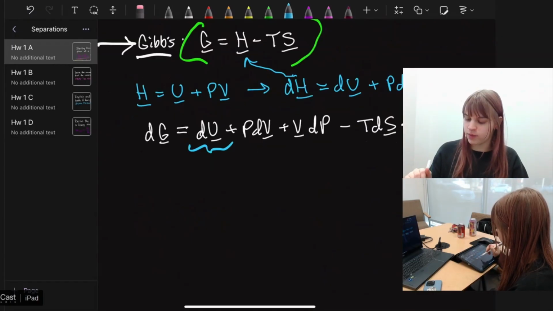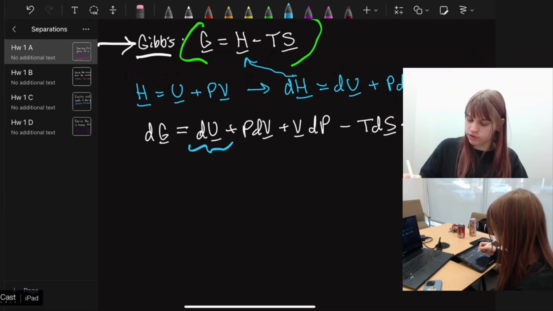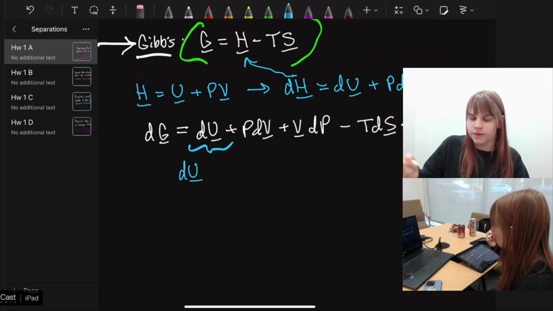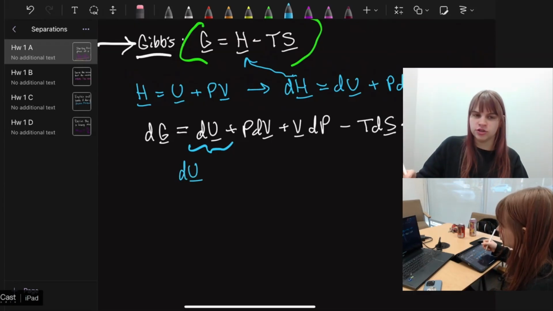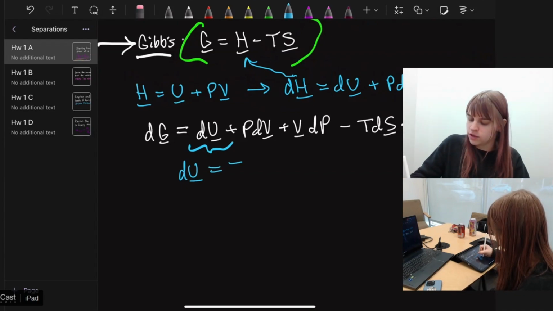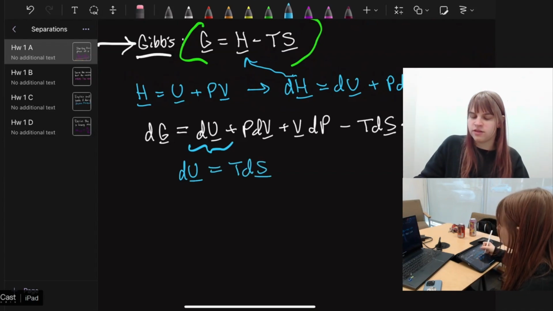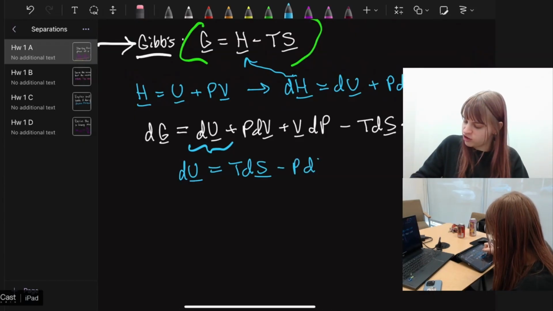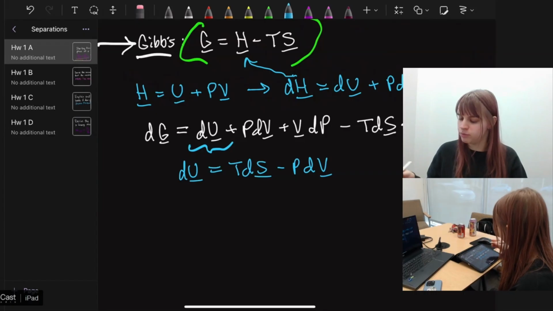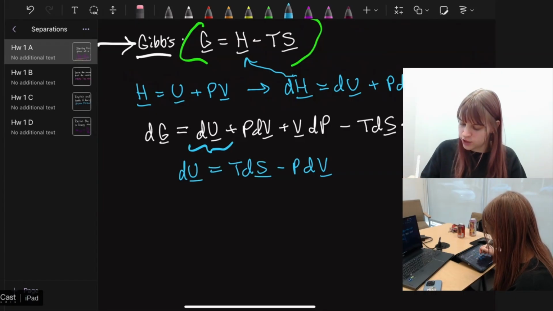We also want to expand out this dU term, and we know from thermodynamics that the change in internal energy of a system is equal to the temperature times the change in entropy minus the pressure times the change in volume. And we can again plug that in here.